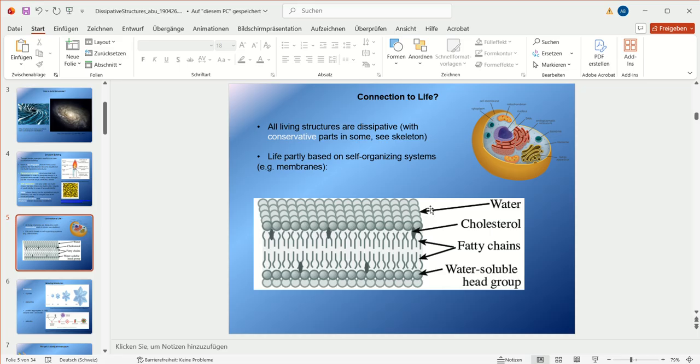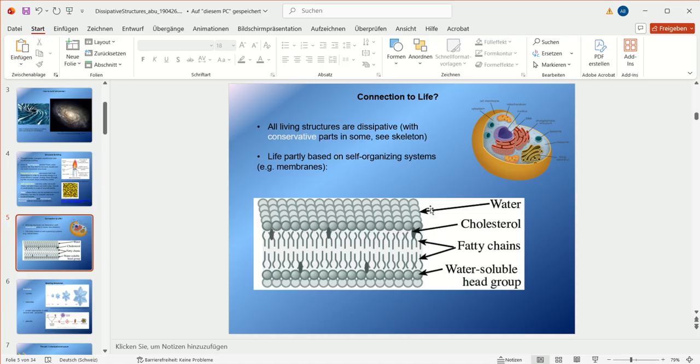Then the connection to life is somehow very close. Of course, not all dissipative structures are life, but all life consists of dissipative structures, sometimes connected with conservative parts.